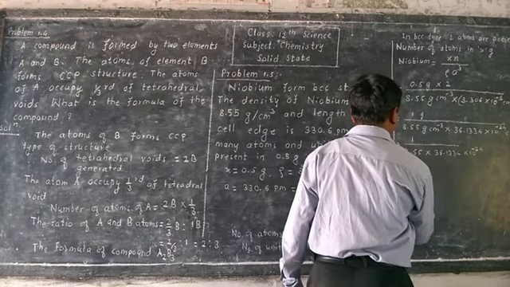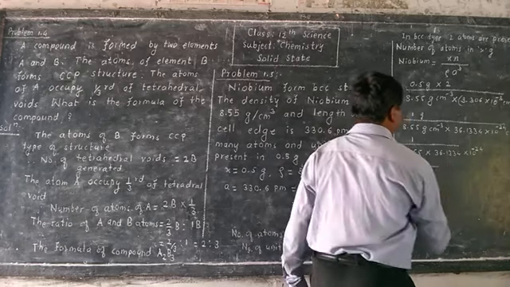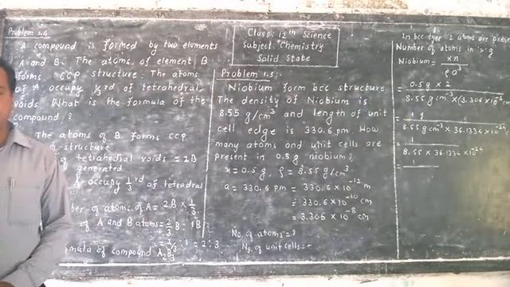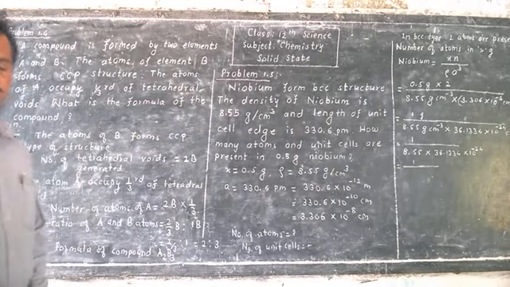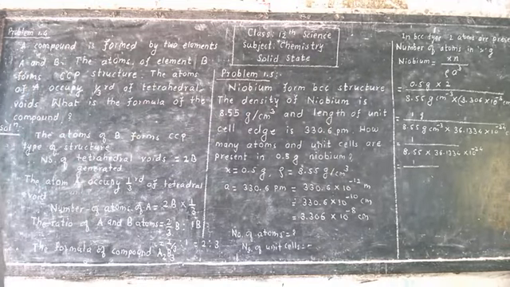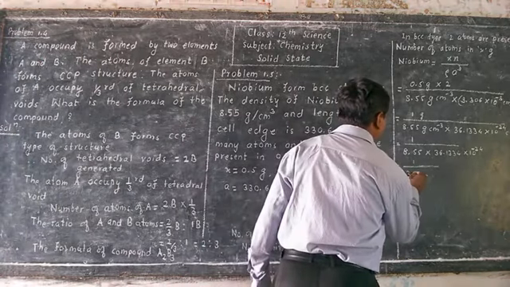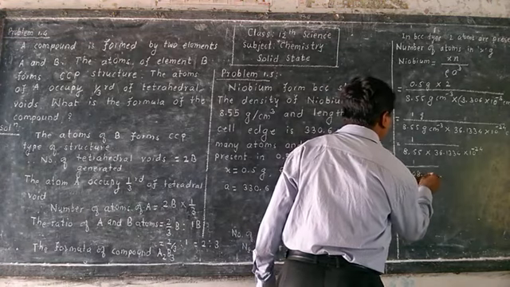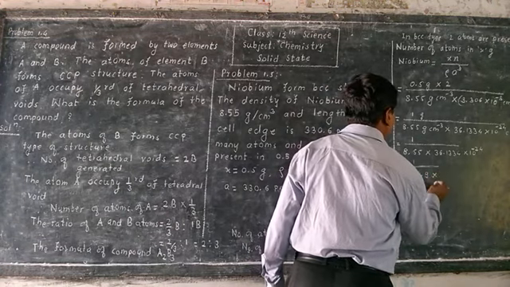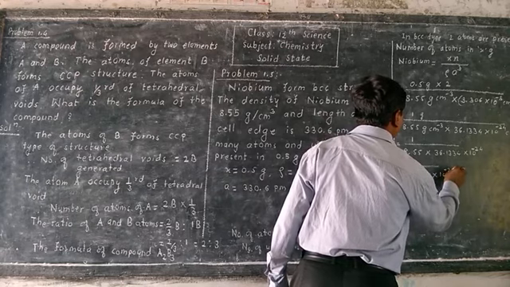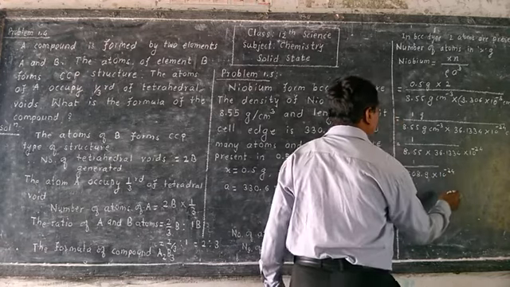After calculation, 8.55 into 36.1334 gives 308.9 into 10 raised to power minus 24.